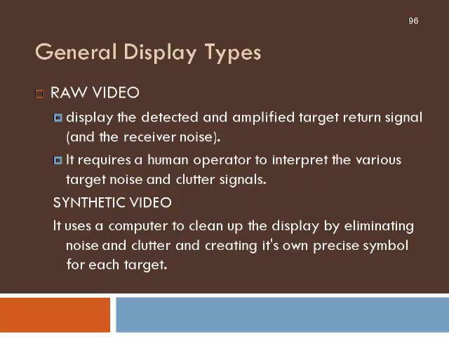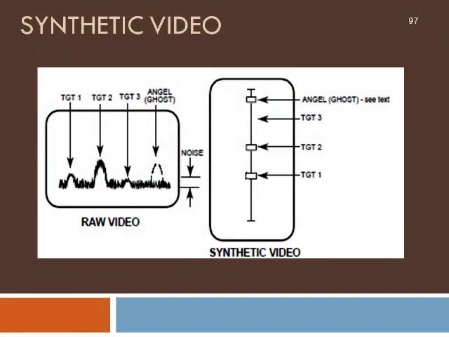The other one is synthetic video. It uses a computer to clean up the display by eliminating noise and clutter and creating its own precise symbol for each target. Here you can see the two types of displays.